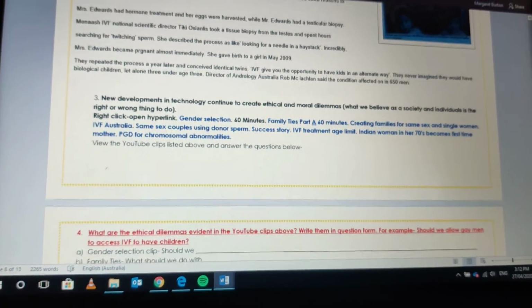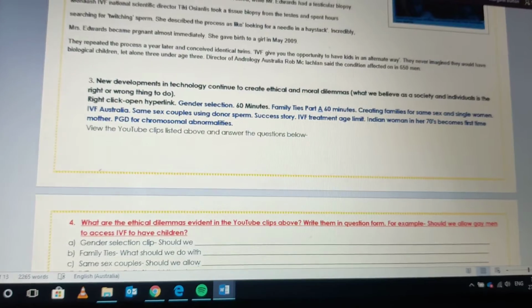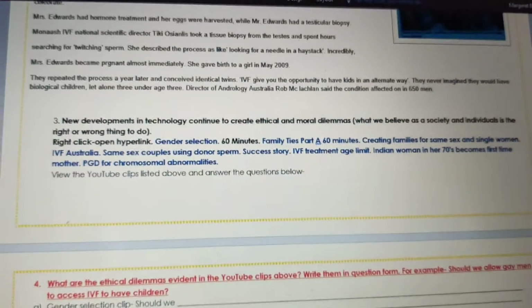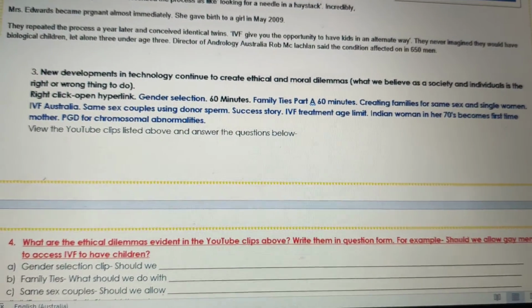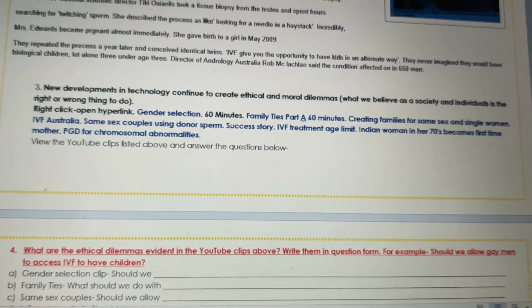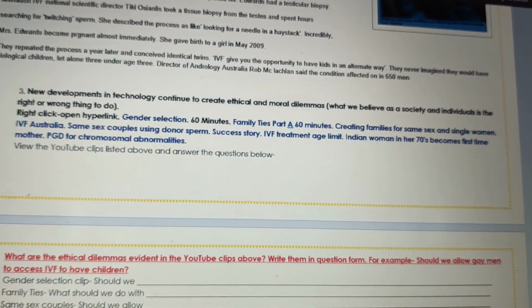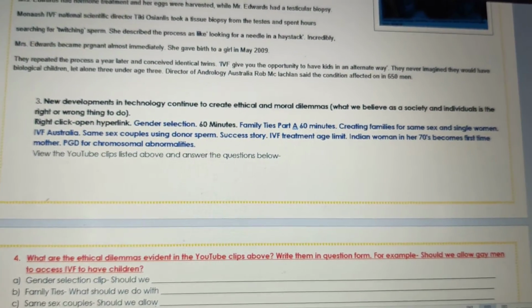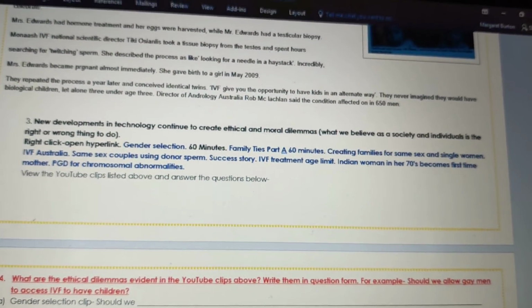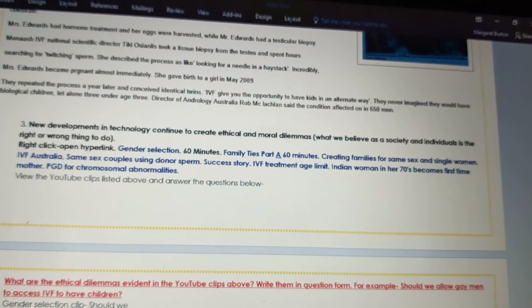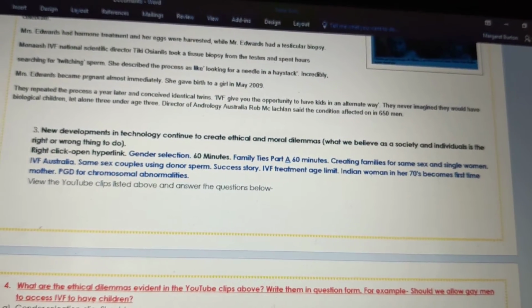All right, number 3 is a little bit more complicated. So this is asking you to think about social, ethical and moral dilemmas. So what we believe as a society and individuals is the right or wrong thing to do.